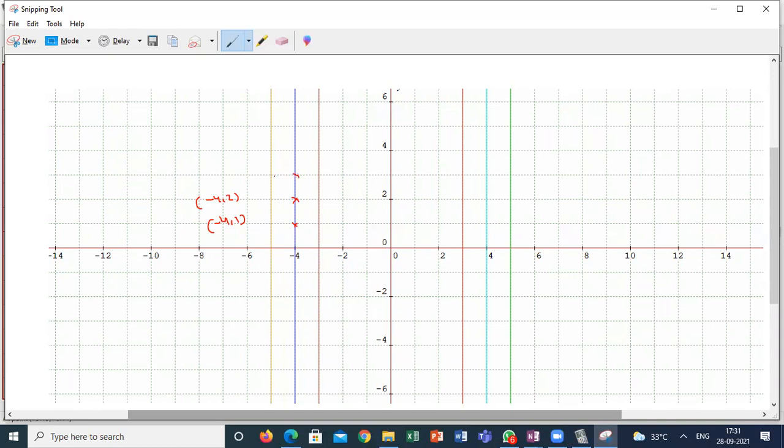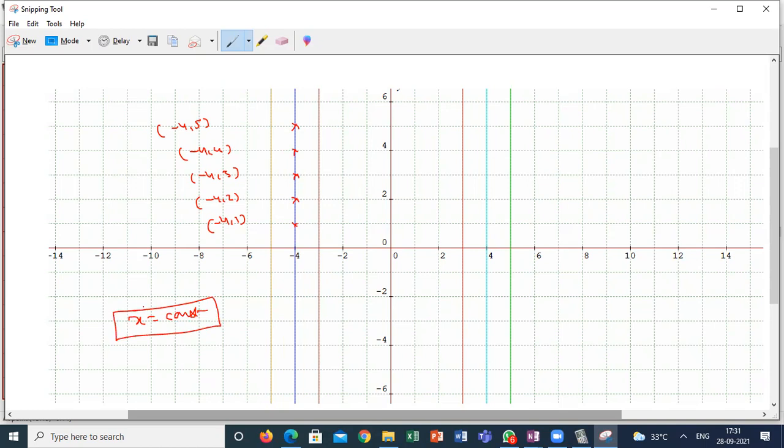And this is a point minus 4, 3. And this is a point minus 4, 4. And this is a point minus 4, 5. So you observe very clearly the x coordinate is common in all the points. You take 100 points, you will get all the points where the x coordinate is common. So this is x is equal to constant.